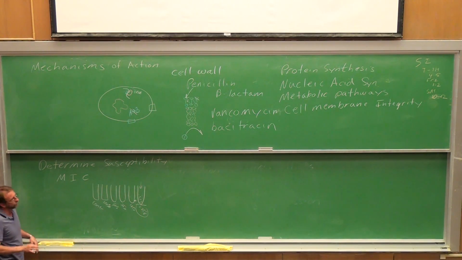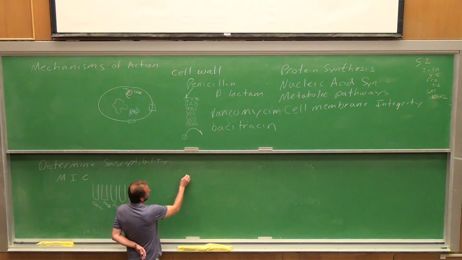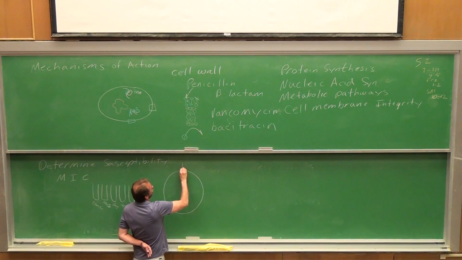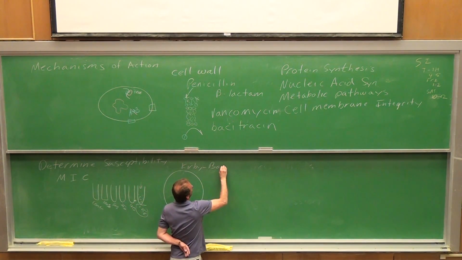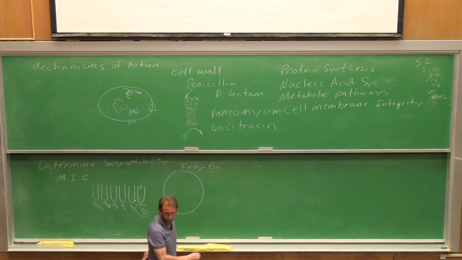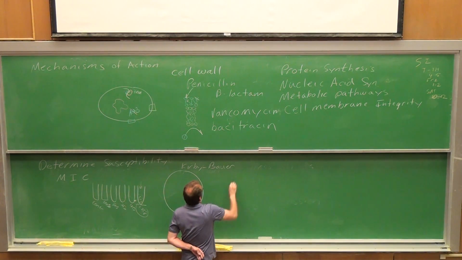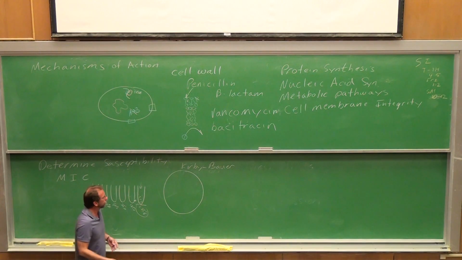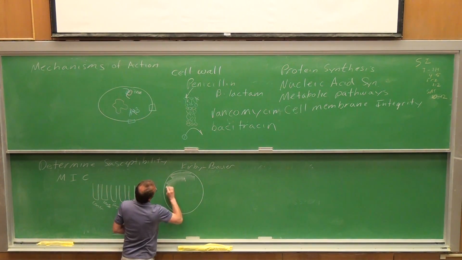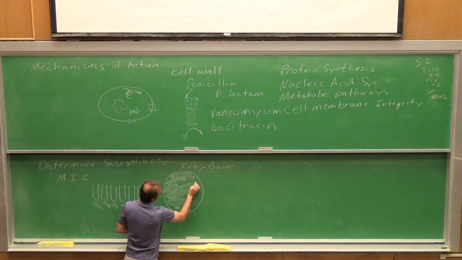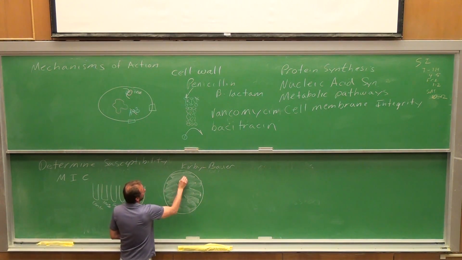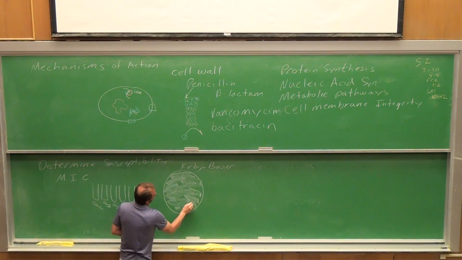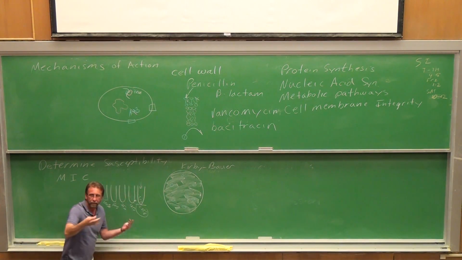In lab, we did a qualitative method as well, called the Kirby-Bauer method. If you remember, in this case here, we gave ourselves a bacterial lawn, and then we put discs that had been soaked in a disinfectant.